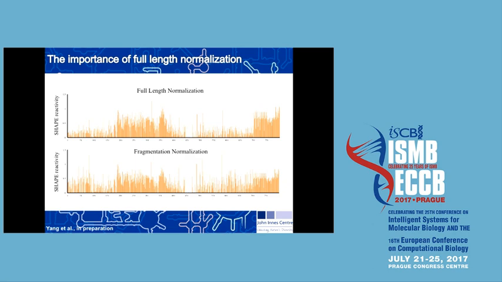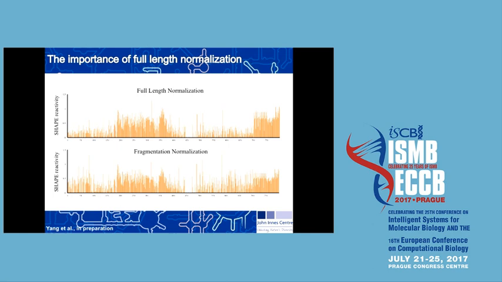structure island: you have low reactivity, then a very high DMS or SHAPE reactivity, then lower, then higher again. So you have this kind of relationship across your whole RNA. However, if you do fragmentation in library preparation and only use the reads around the region to do local normalization, the trouble is that all these low reactivities are brought up because of the normalization method.